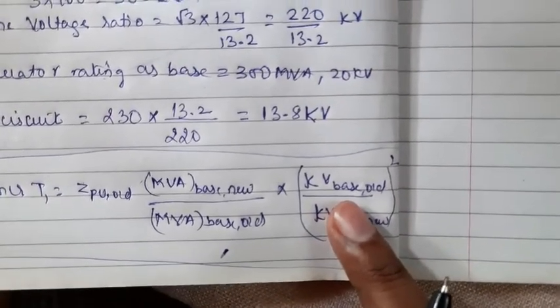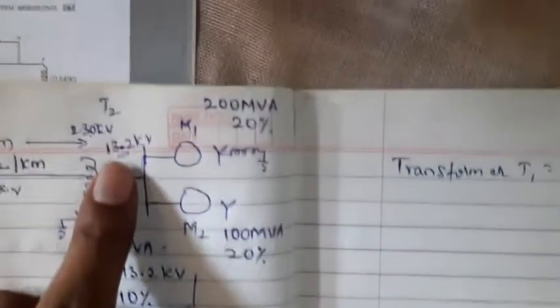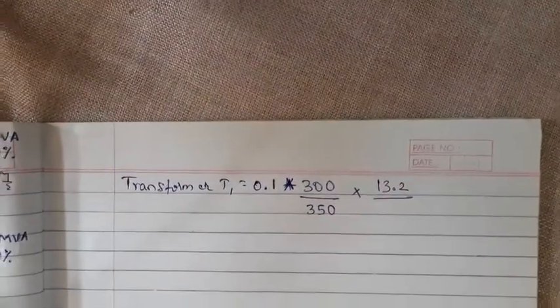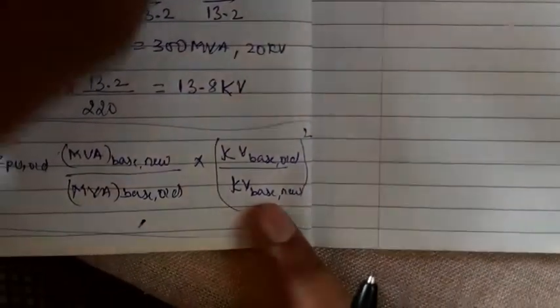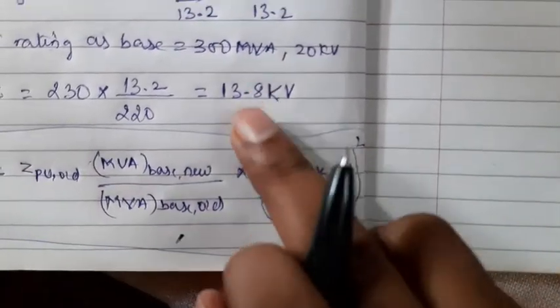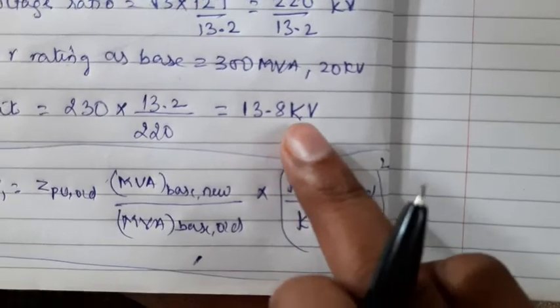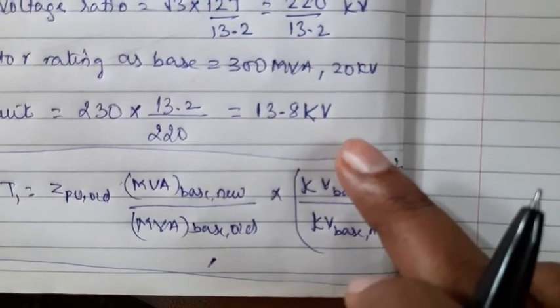What is the kV base old? The kV base old here is 13.2. Next, what is the new value? The new value is 13.8.